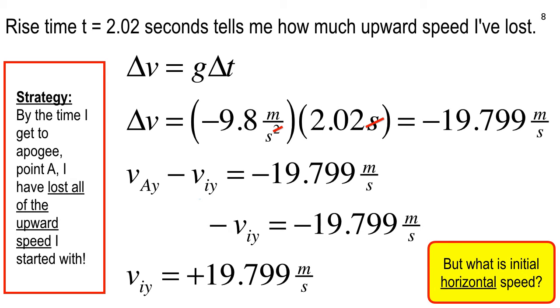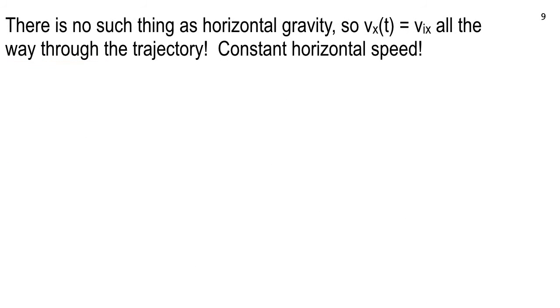Now, horizontal speed. How do we get it? Well, we use this fact: there's no such thing as horizontal gravity. We're going to use that fact because it means that the x component of velocity as a function of time, Vx of t, is a constant.